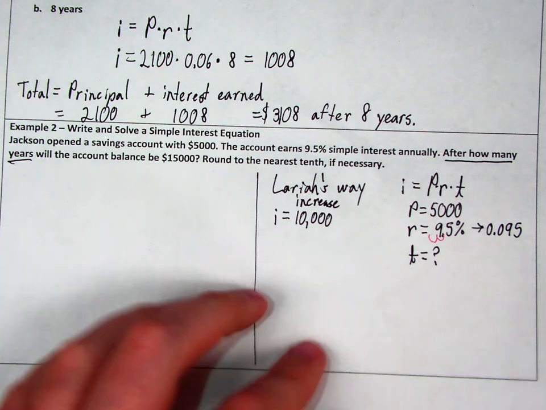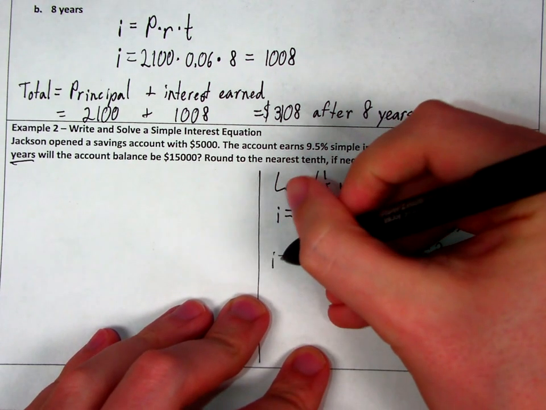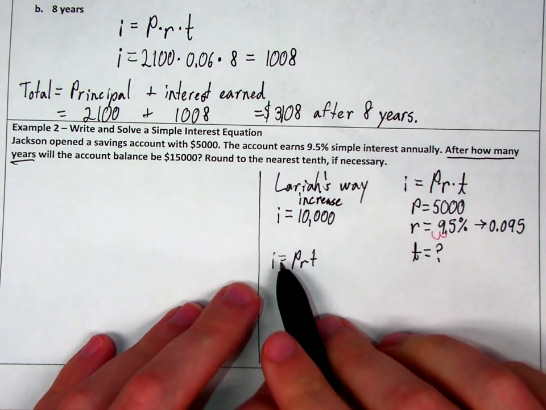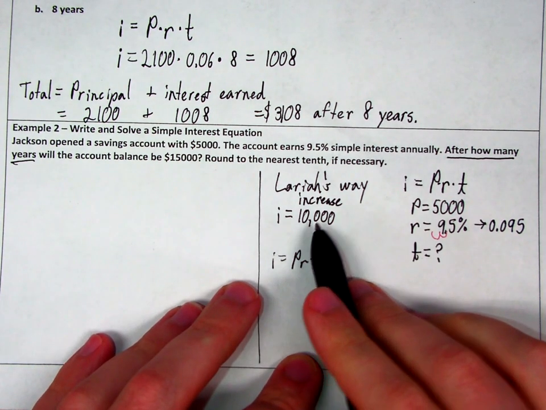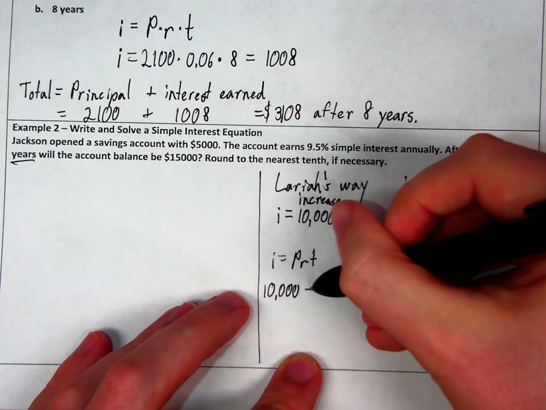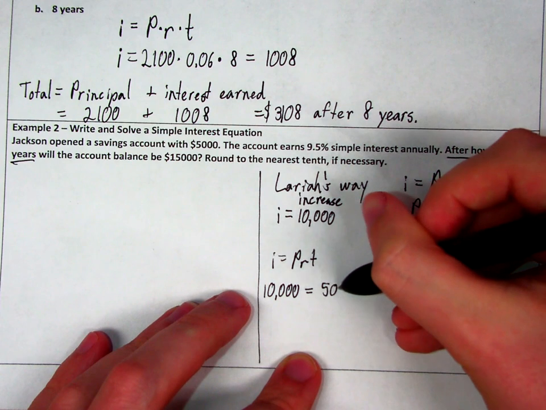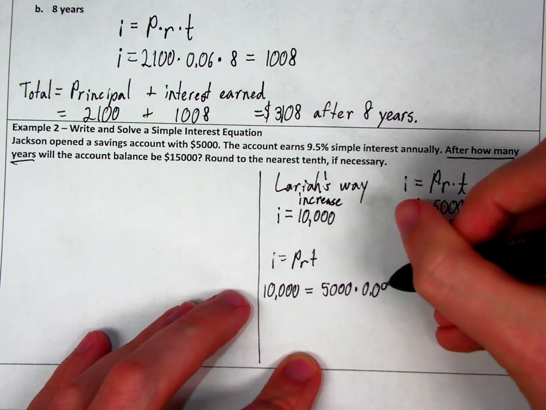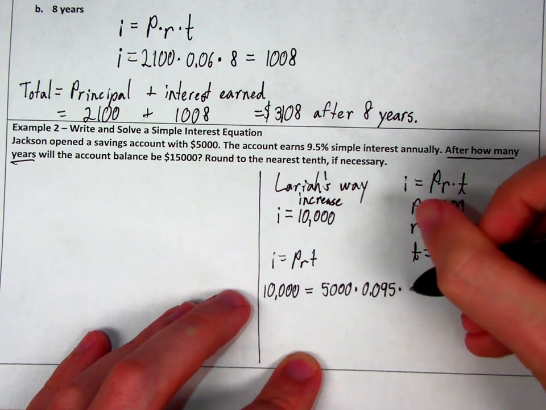So we set up our equation, I equals PRT. We plugged in I, the interest earned, was 10,000. We said that was equal to 5,000 times the rate of 0.095 times the time.